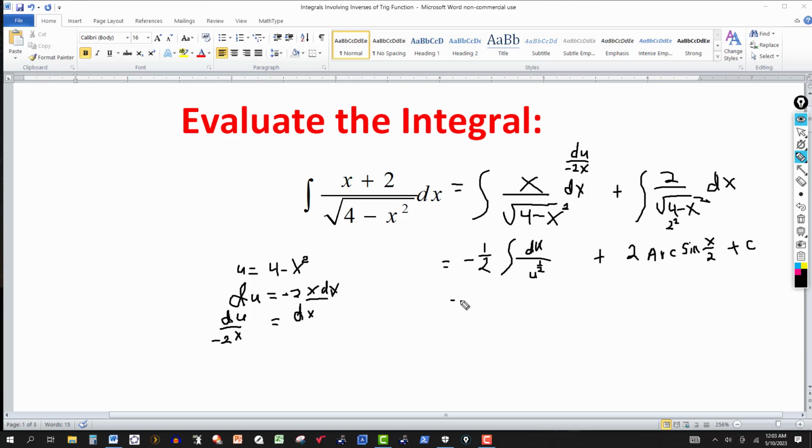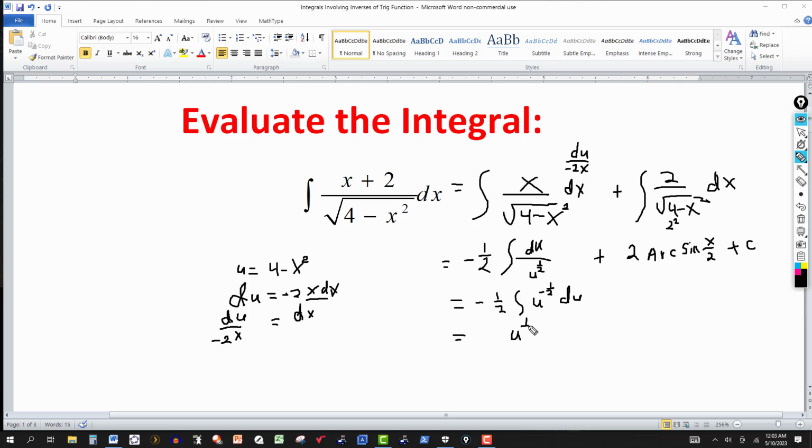So then we look at this one here. This is minus 1/2. Let me rewrite this. Take this up to the numerator, make it u to the negative 1/2 du. And then we integrate here. Power rule for integrals: add 1 to the minus 1/2 and that will give me u to the 1/2.